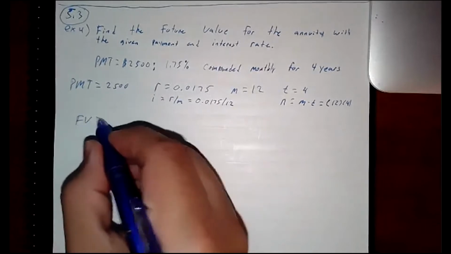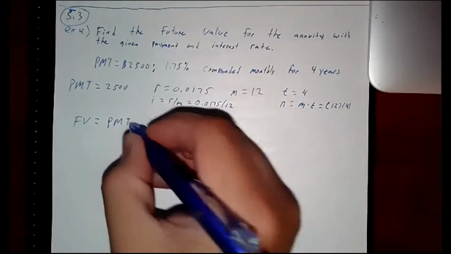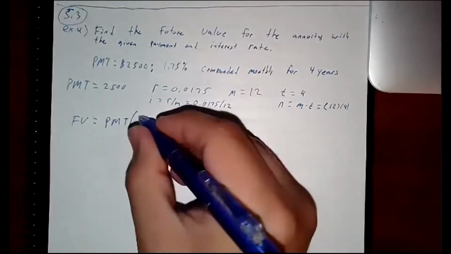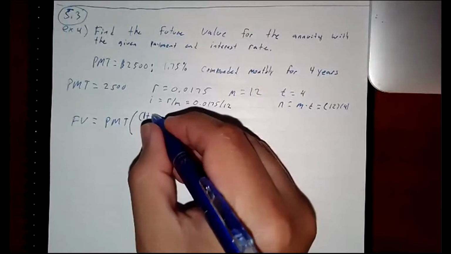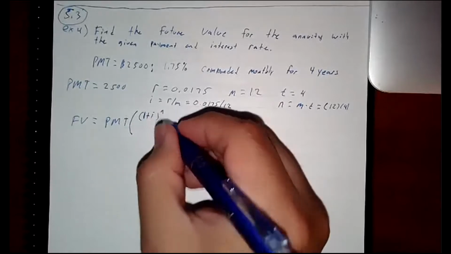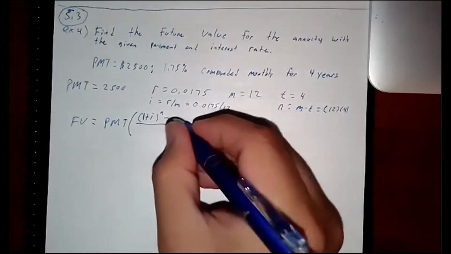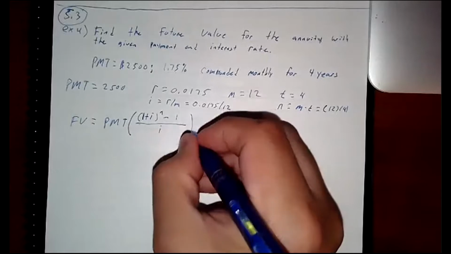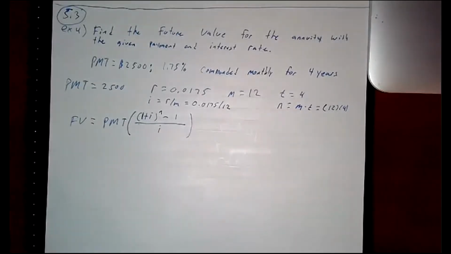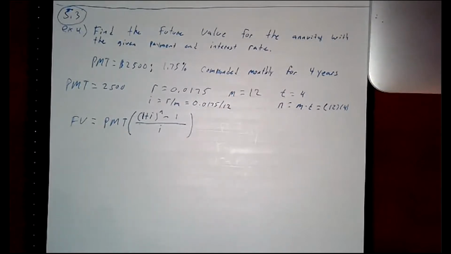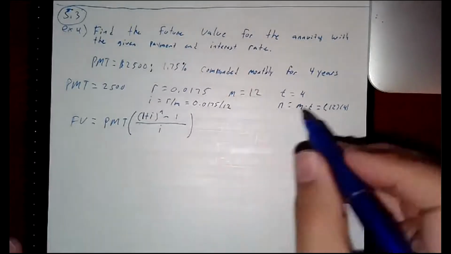So future value equals payment times (1 plus I) to the n, minus 1, over I. All right, so let's plug it all in.